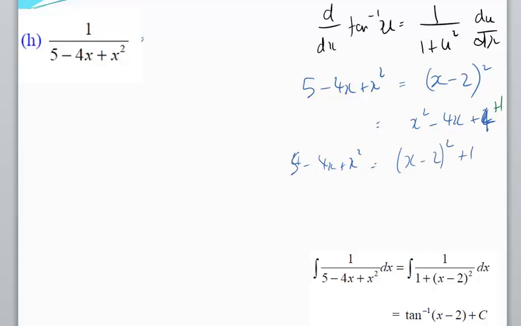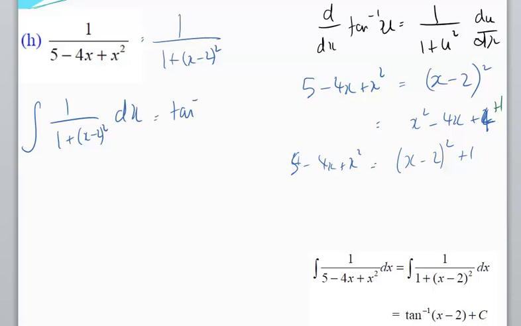So we write this out: it becomes 1 over 1 plus x minus 2 all squared. Now we integrate; we don't have to do anything further with our function. Our u is equal to x minus 2, so du on dx will be equal to 1. We end up with our inverse tan of u, which is x minus 2, plus our constant c.